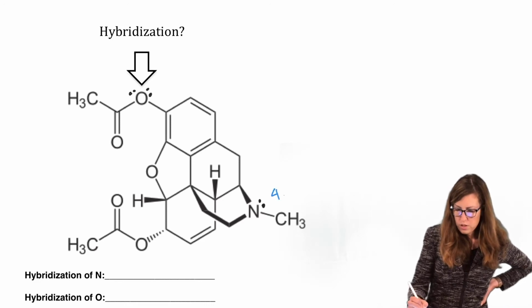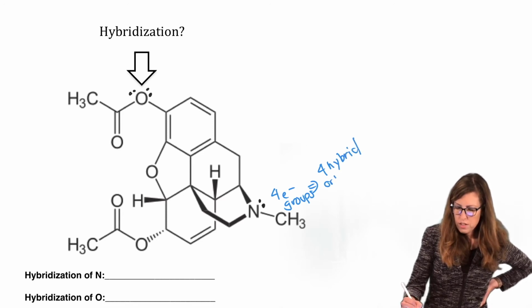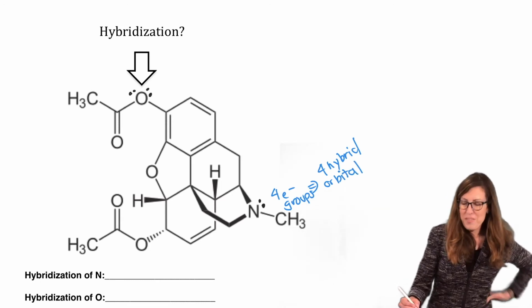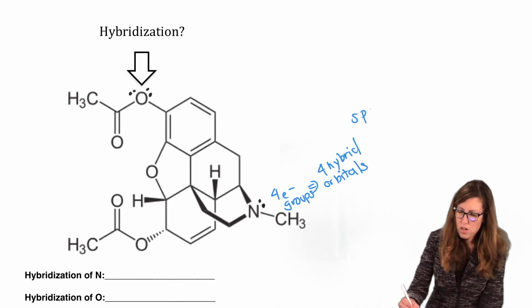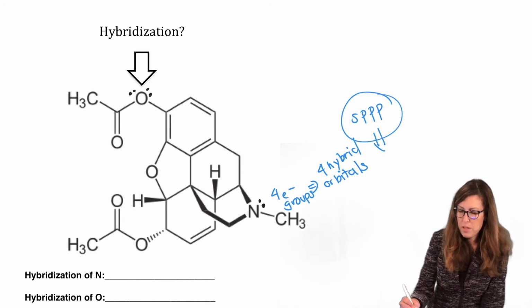So 4 electron groups means you need 4 hybrid orbitals. And since we're in second row, you don't get to choose from very many: s and p, not even d. So if we have 4 orbitals being used and we're using all 4, then that means we have sp3.